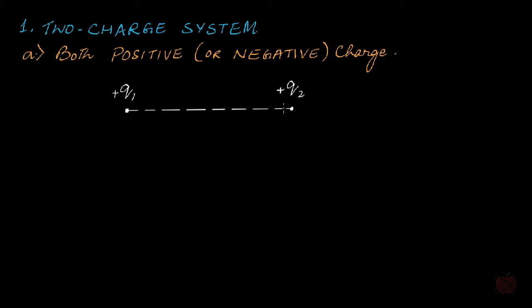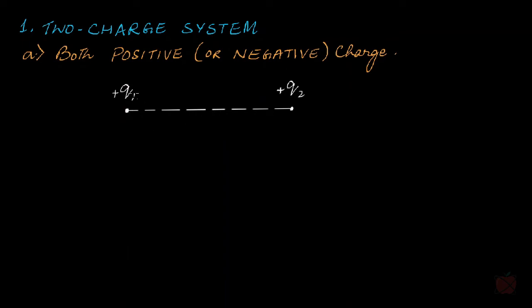This line is actually not a rope or a thread that joins the two charges. So what will happen here? Obviously these two charges will go away from each other, isn't it? This one will go this way and this one will go that way, and they will move farther and farther apart from each other. I think that is clear, right? Because they suffer a force of repulsion.